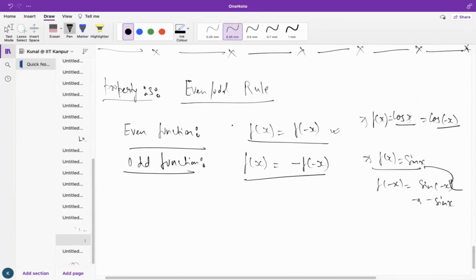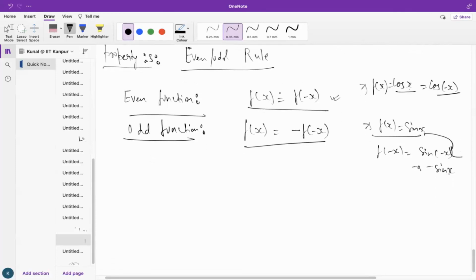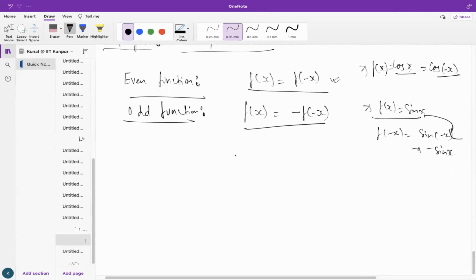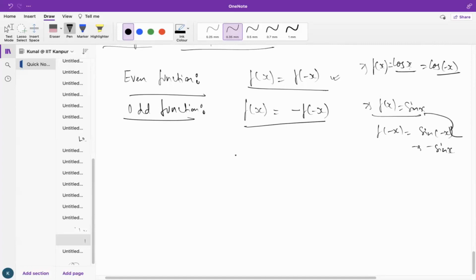So why is this property known as the even-odd rule? You're going to learn in some time. Let me write the property first.